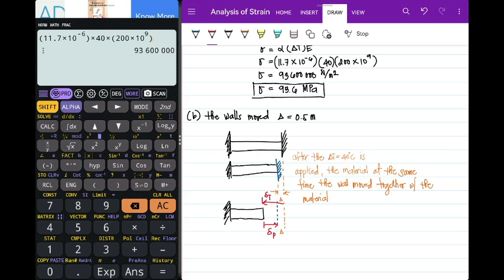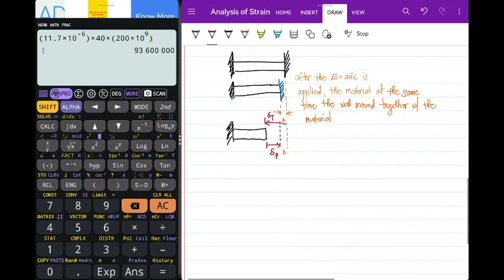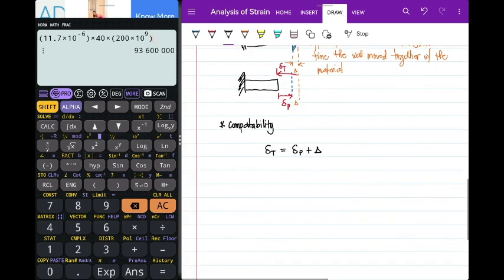Now, let's say the material is not fixed. The first, second, third figure here, the point where the material is now, that would have been the point where the material will be if it is not fixed. However, it is fixed. Therefore, the wall will exert a certain internal force P so that the wall will prevent the material from really moving towards that new point.